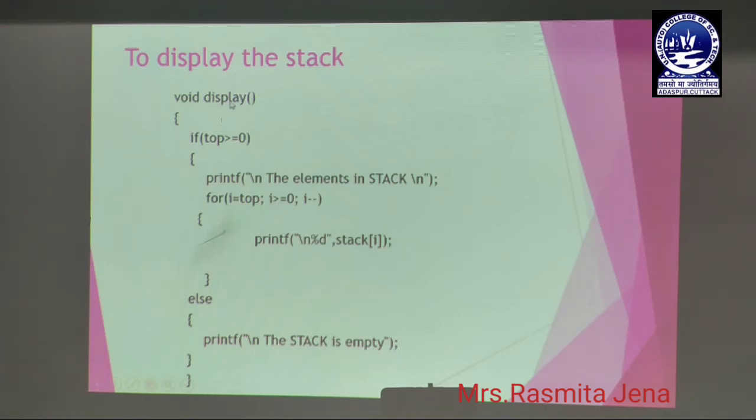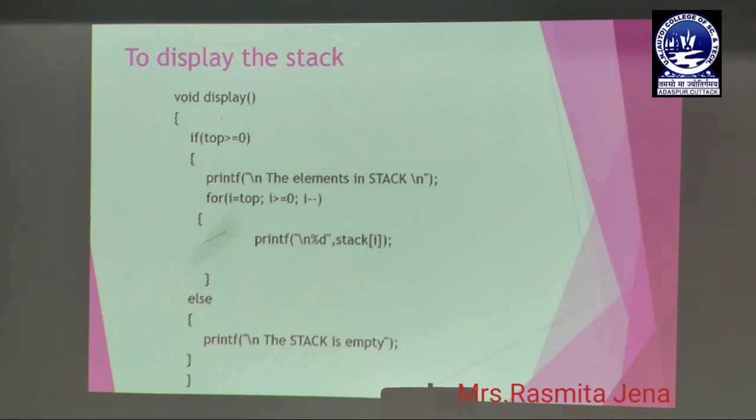So simply call the function void display, and first we check if top is greater than or equal to 0. If top is greater than or equal to 0, then we display the elements present in the stack. Initialize for i equals top, whatever value is contained by the stack, that index will be pointed to by the top variable.